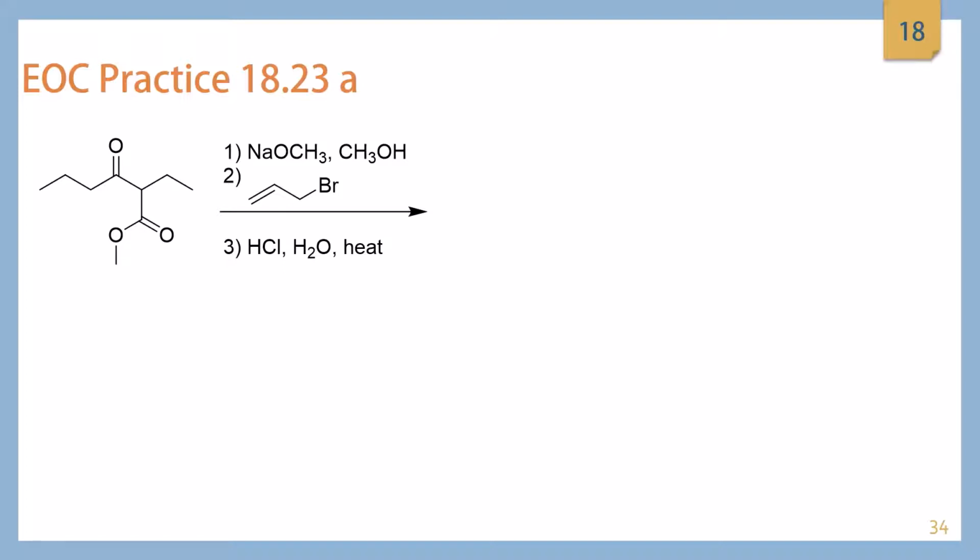Okay, so if you're back for a hint, my hint is that in step 1 you have methoxide and you have a methoxy ester. So that must mean that you're doing a deprotonation to form an enolate. And now you just have to find where is your most acidic alpha hydrogen, because there are multiple alpha hydrogens here.